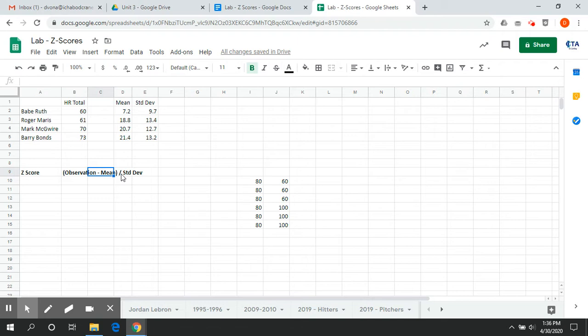So the big idea here is that instead of just looking at raw values and saying, well, this player had 32 home runs and this player had 37 home runs, we're looking at those totals in the context of what everybody else did in that time period.